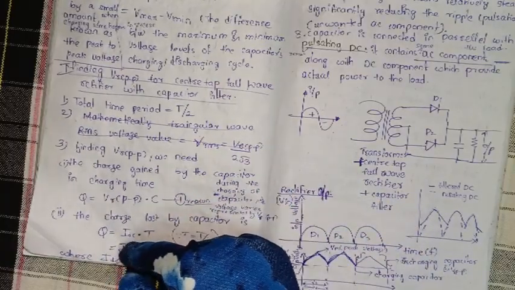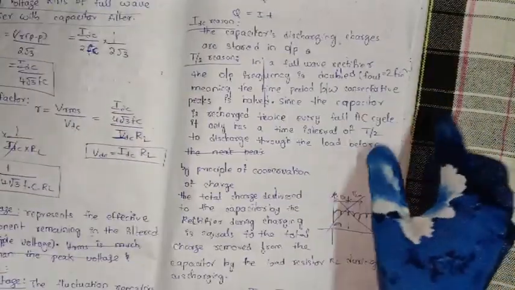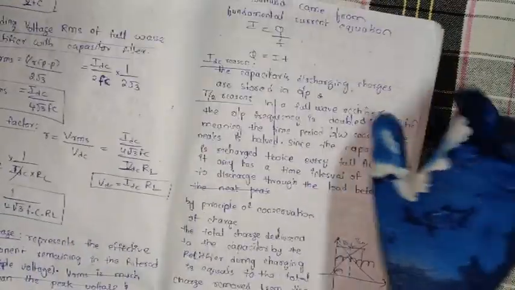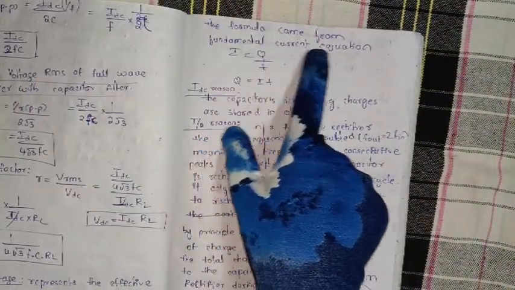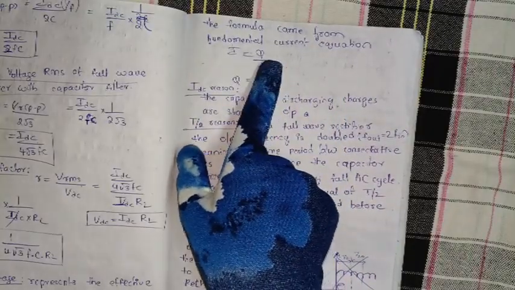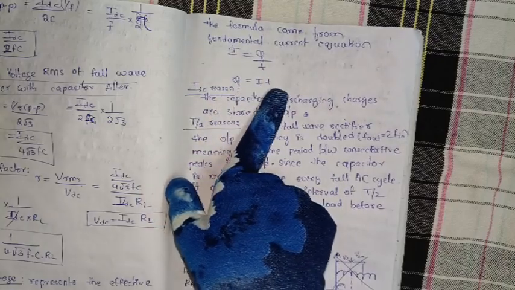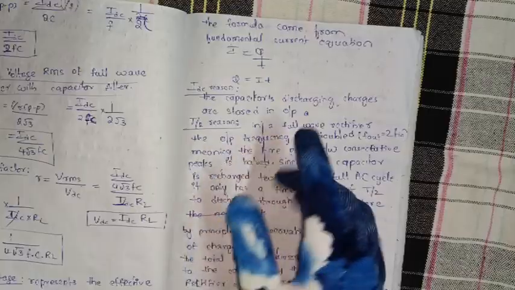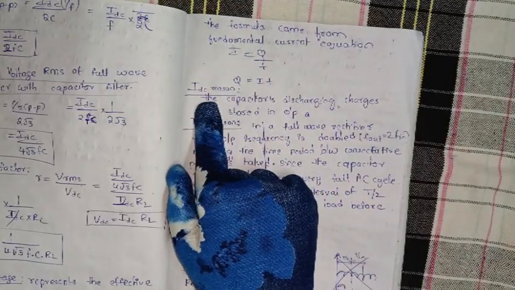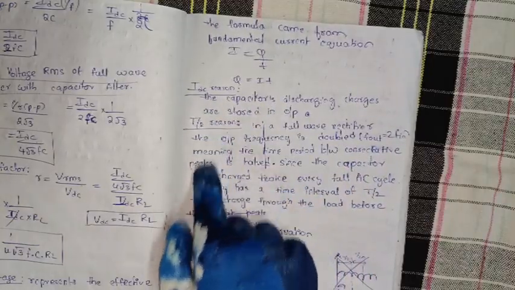This equation comes from the fundamental current equation, where I equals Q by T, charge by time. So Q equals I into T, rearranging it. Then I we have taken as IDC, and T we have taken as T by 2.